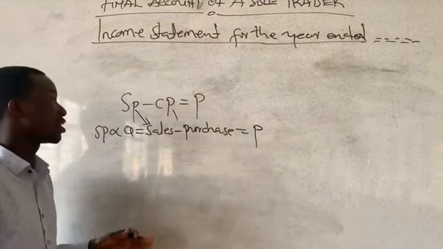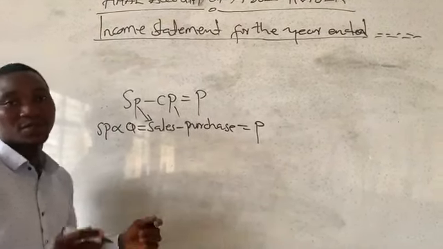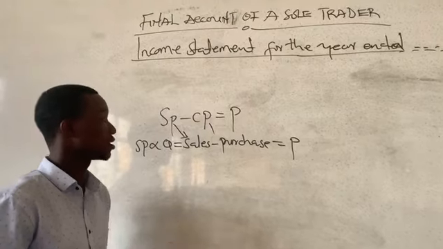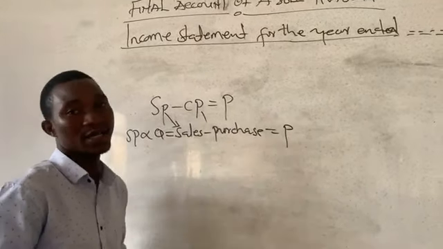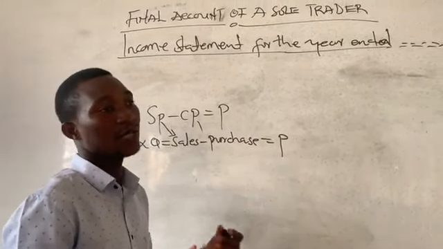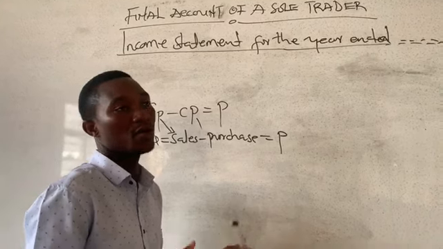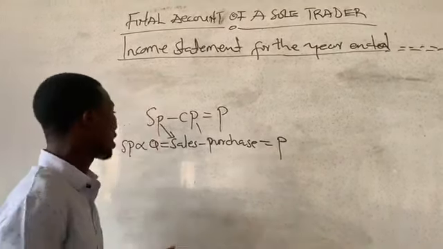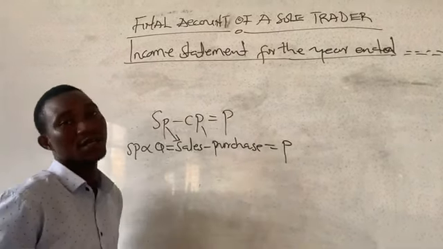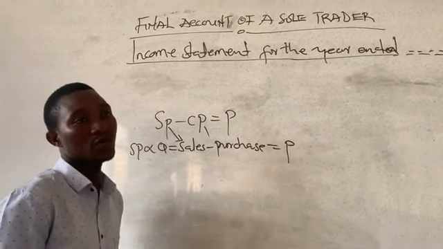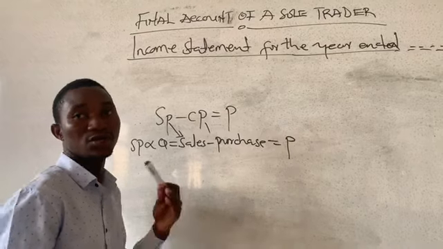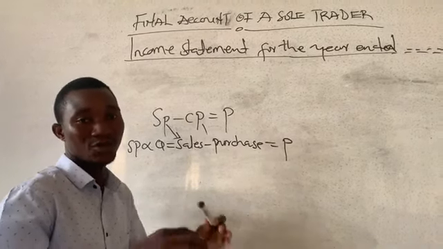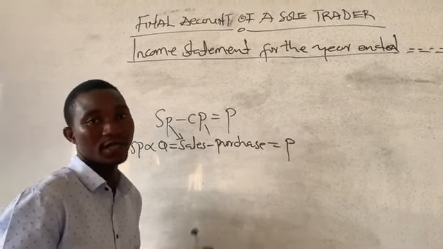But mind you, sales will be subject to adjustment, and this adjustment is where you make sales to your customers, and sometimes they may return part of the goods to you, maybe because the product is not good for their use. Is that okay? So when that happens, and the customers return part of the goods to you, we call it a return inward or a sales return. You need to deduct it from the sales figure in order to ascertain the actual sales or the net sales.